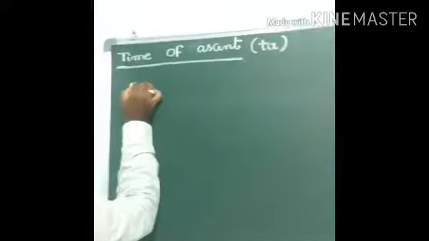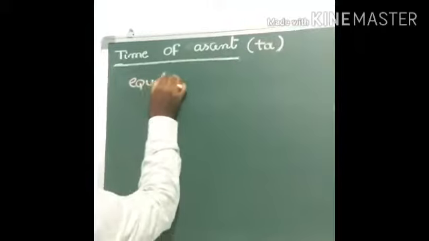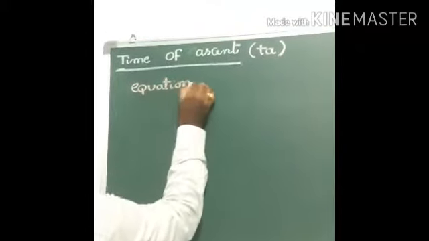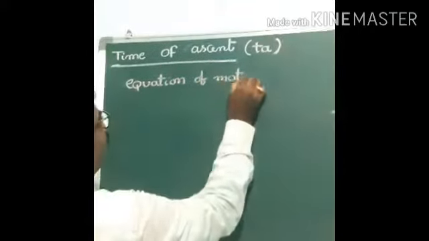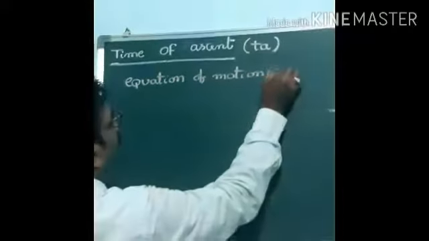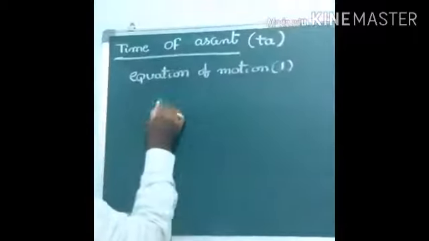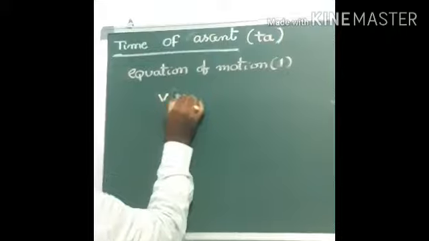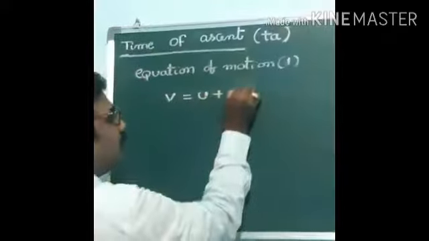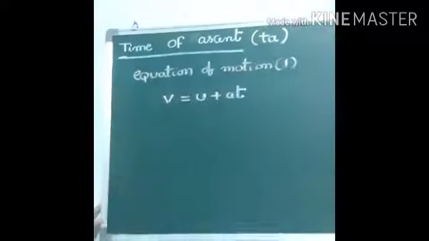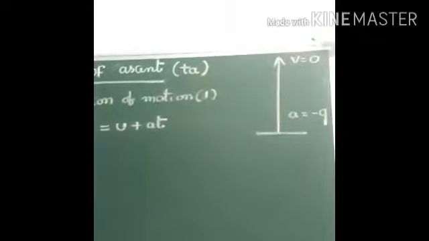Now we are going to take equation of motion number 1, that is V equal to U plus AT. It is familiar for everyone. So substitute the values, substitute the conditions.